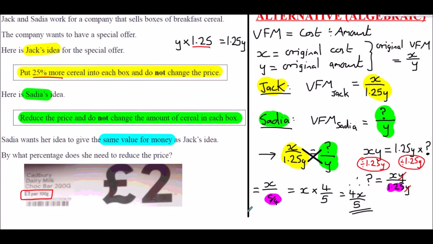Now we've pretty much got it, so therefore Sadia needs to sell the cereal at 4/5 of the original price. I'll just scroll down so I've got more space.